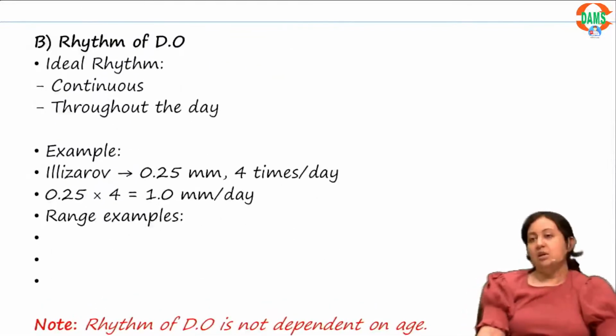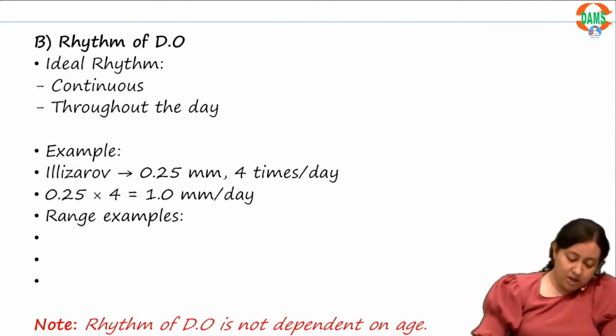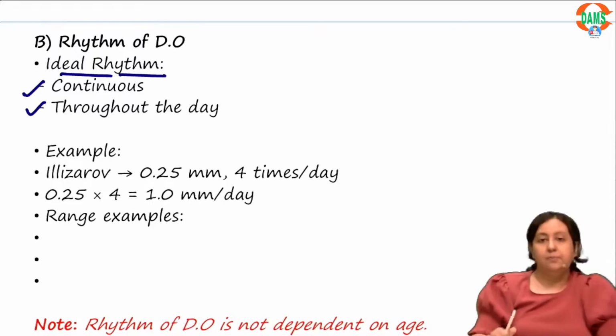Now the second thing is rhythm of distraction osteogenesis. So the ideal rhythm is continuous and throughout.